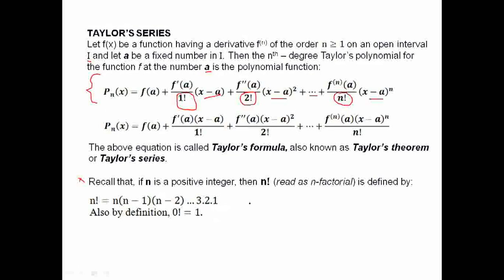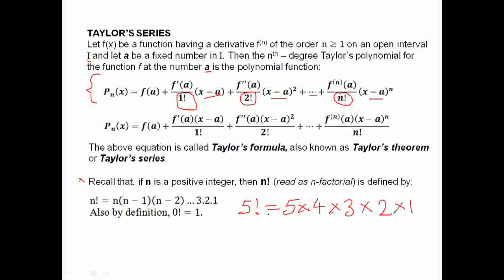So if you have a number like 5 factorial, 5 factorial would mean 5 multiplied by 4 multiplied by 3 multiplied by 2 multiplied by 1.